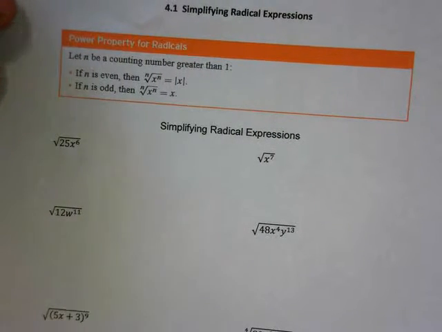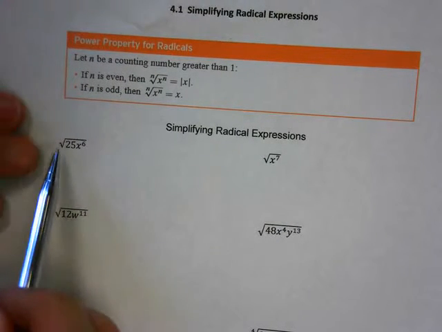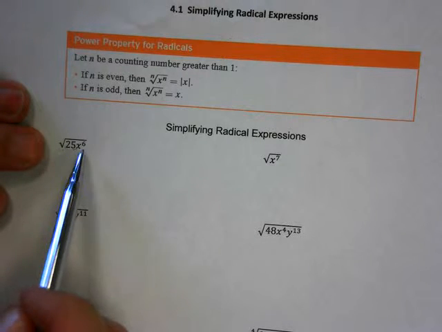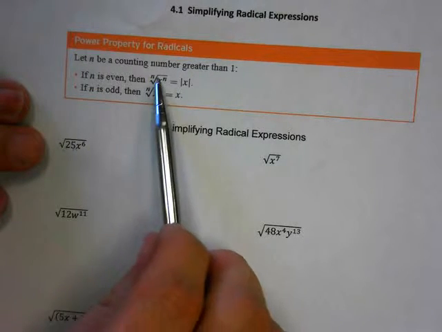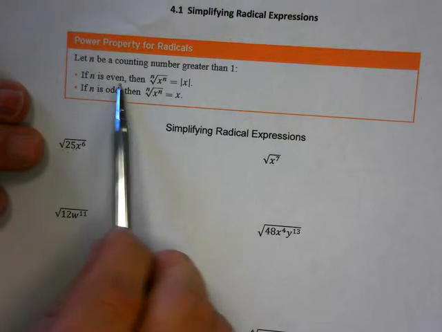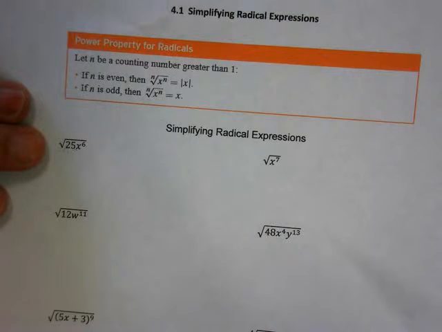The variables, when we have a variable underneath the radical, this is actually the easier, okay? Believe it or not. But here, as we start with the square root of 25x to the 6, now we do have to be careful when we're doing these, because if the index is even, the square root, we can't take the square root of negative numbers. Those are imaginary numbers.